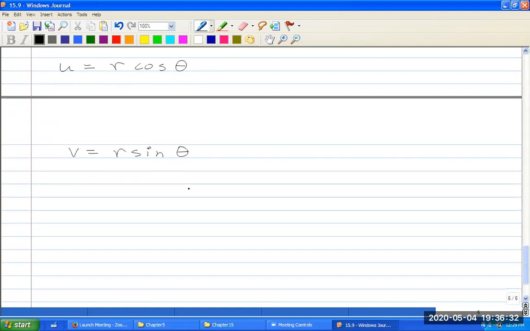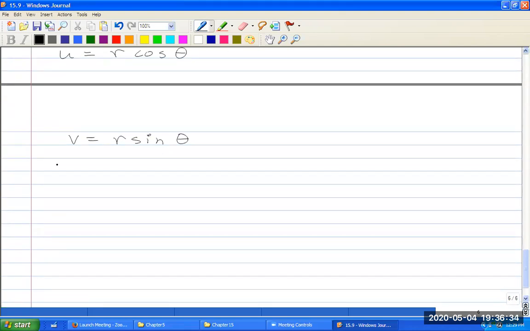Okay, let's look at the Jacobian. So partial of u, v with respect to r, theta.